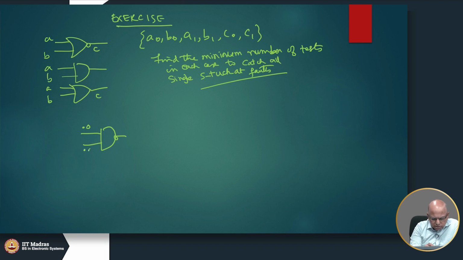So, stuck at 0, stuck at 1, stuck at 0, stuck at 1. A0, A1, B0, B1, C0, C1. These are our faults. These are the 6 single stuck faults at the input and output of a NAND gate, and we have represented them like this.